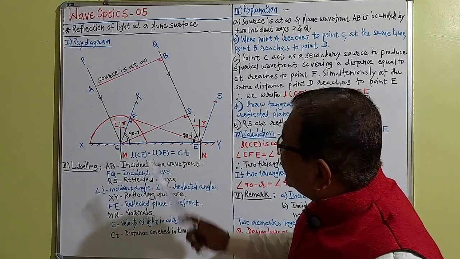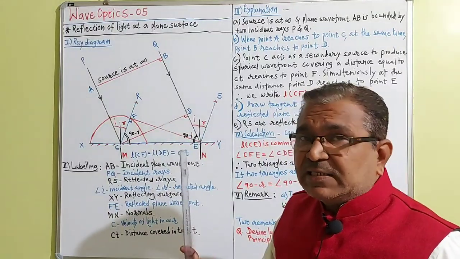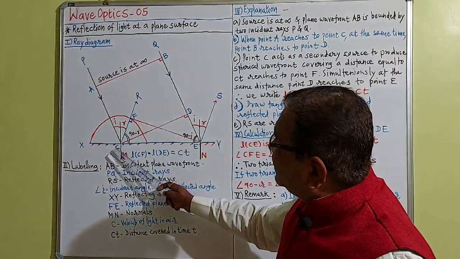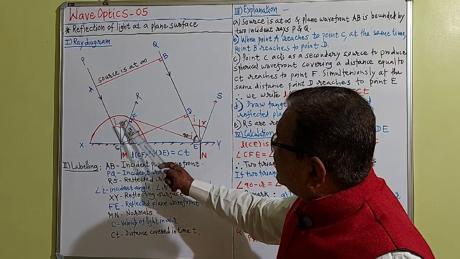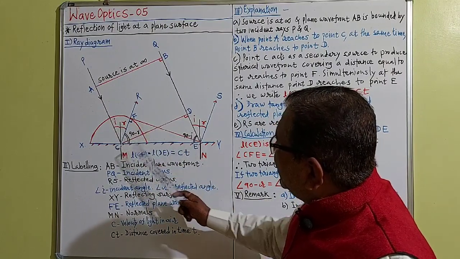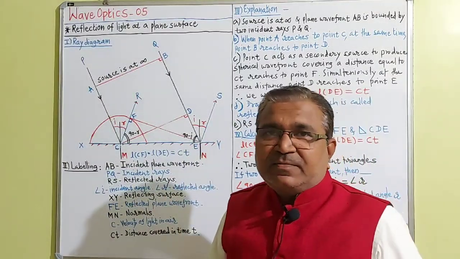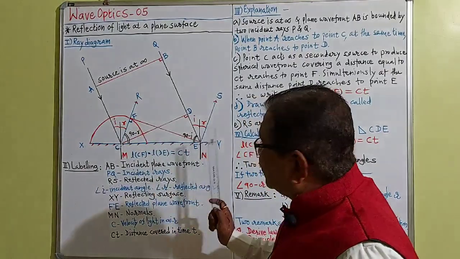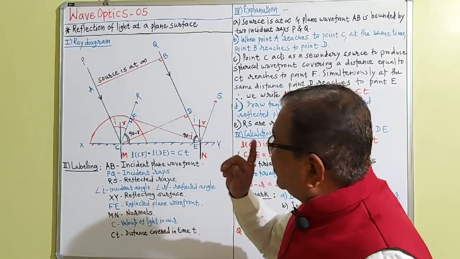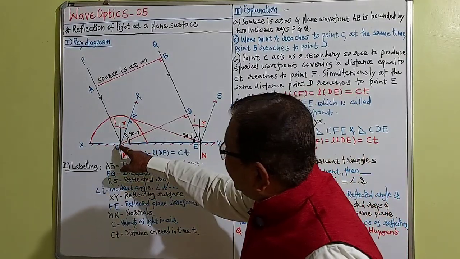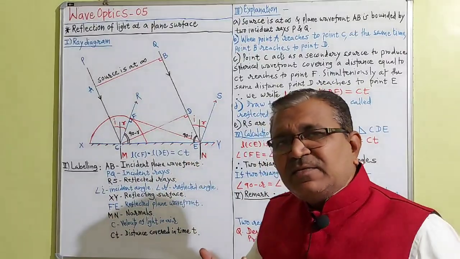So we get rectangles here and here, a 90-degree angle in both triangles. So one angle is equal, and it is 90 degrees: angle CFE equals angle CDE equals 90 degrees. CE is common to both triangles. And length CF is equal to length DE, which is equal to CT.